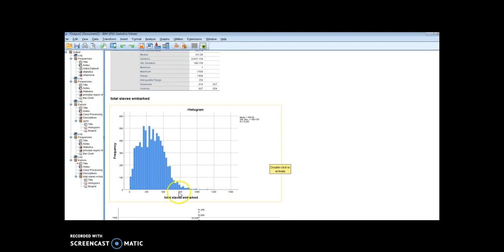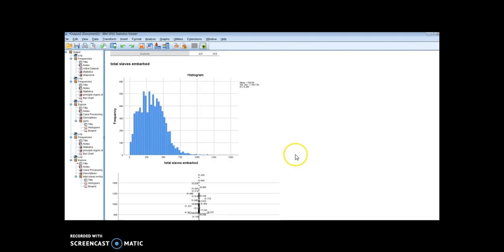That's right skew. And where most of the data are accumulated, from this value to this value. I can say most of the total slaves embarked is from, say, 230 to 500 and around 600, things like that.